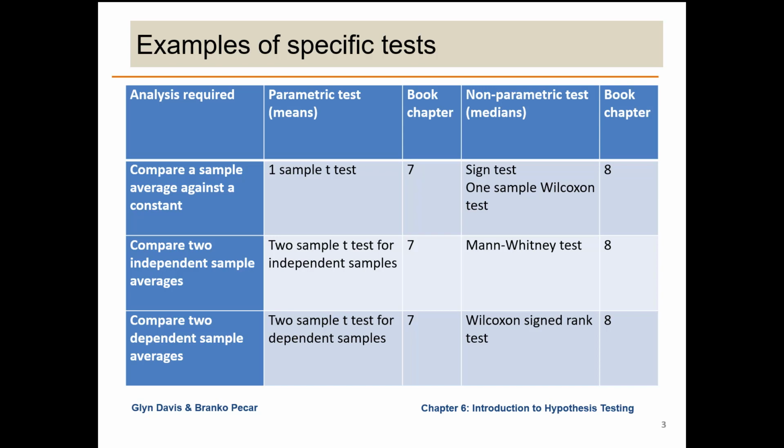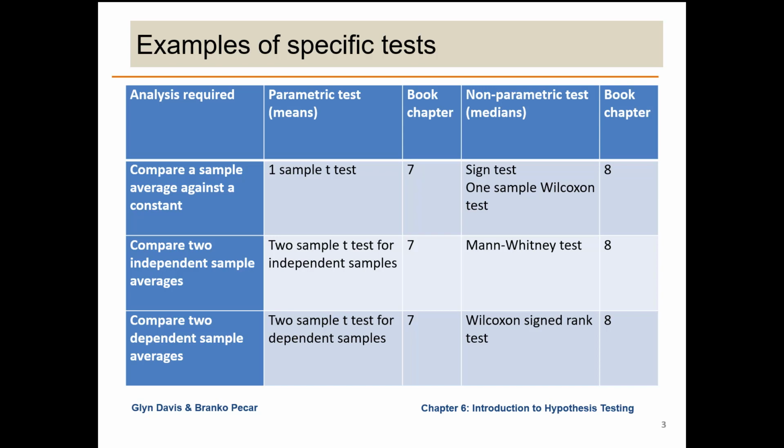So the key is, for parametric tests, if it's a variable compared, say, to a population value, then you would expect the population variables to be normally distributed. But if you're comparing a sample mean against a population mean, remember the central limit theorem, you would expect your sample means to be normally distributed.